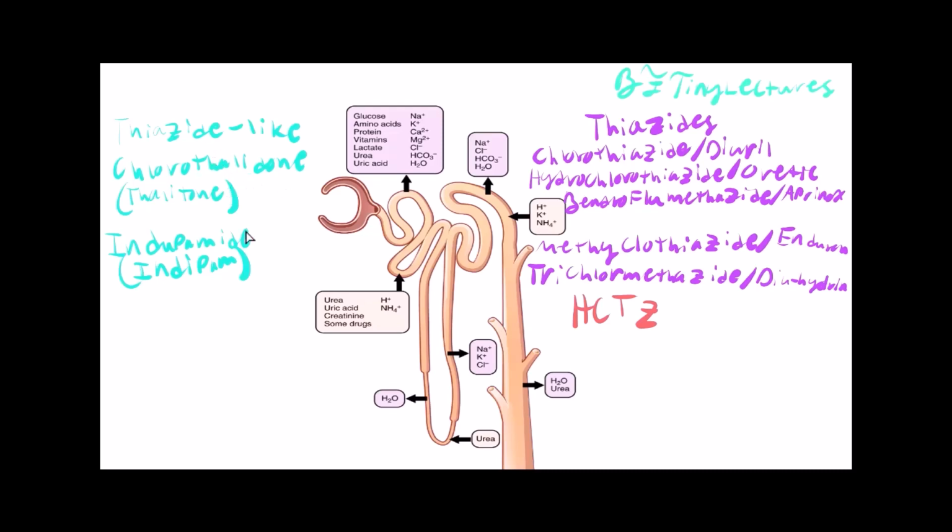For instance, I've seen several people use chlorthalidone by itself, and their blood pressure goes down and they urinate more. So in general, you'll almost always see chlorothiazide and hydrochlorothiazide when you're doing your rounds in hospitals. You'll also see chlorthalidone. Indapamide, you don't really see it, but sometimes people do use indapamide as a thiazide-like medication.